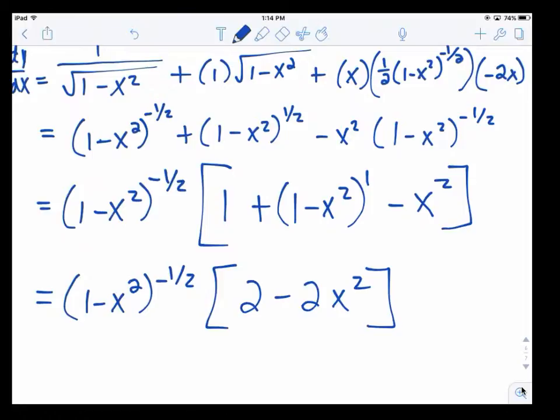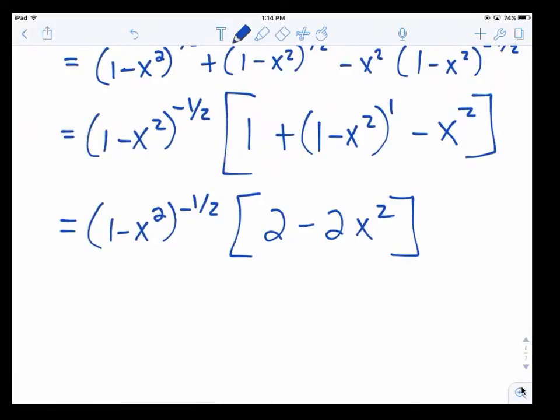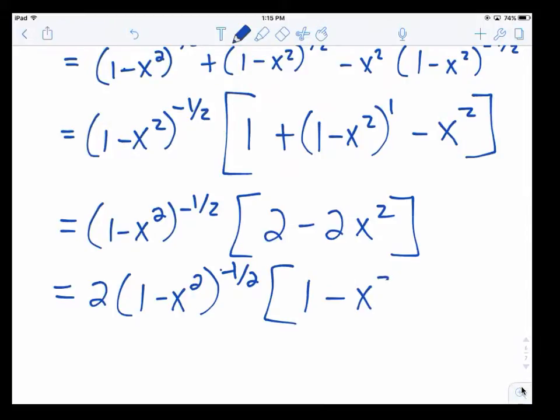So then you have 1, 2, and then negative x squared, which gives you that. What else can you take out from here? Take out a 2. So you have 2 times 1 minus x squared to the negative 1/2 times 1 minus x squared.